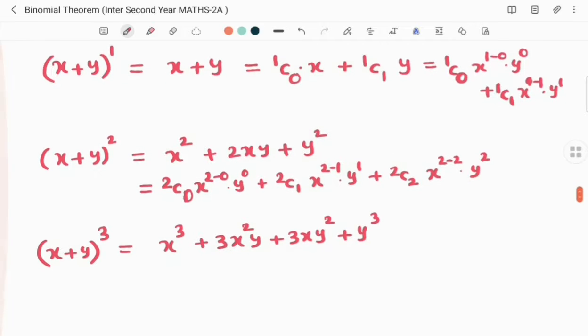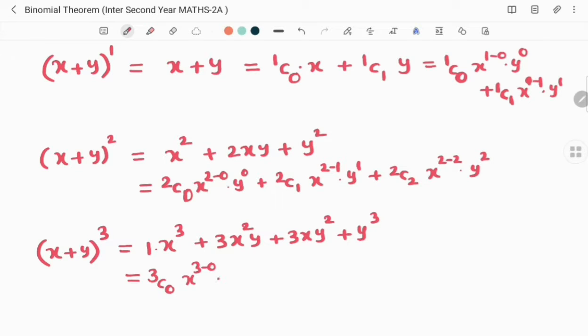In a similar way, we can expand x plus y whole cube. See here, x cube can be written as 1 into, and this 1 can be written as 3c0, because we write it based on the index. x cube can be written as x power 3 minus 0, and since I want to write in terms of y also, y power 0.